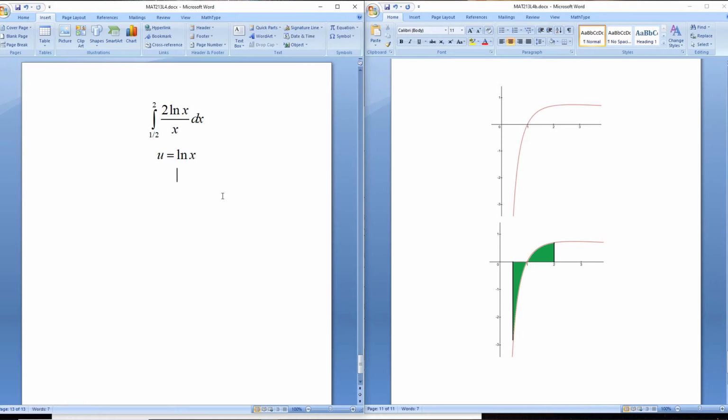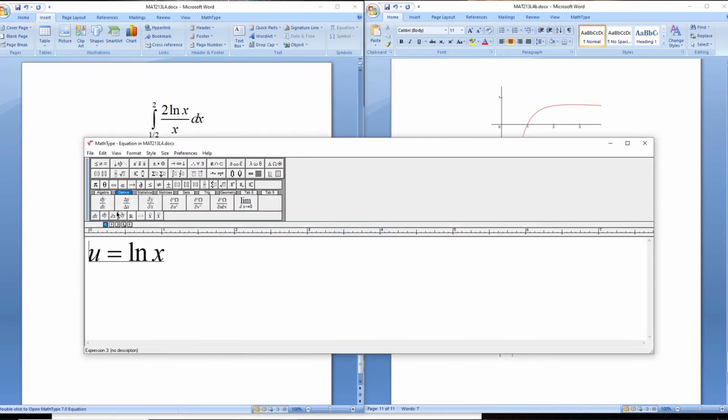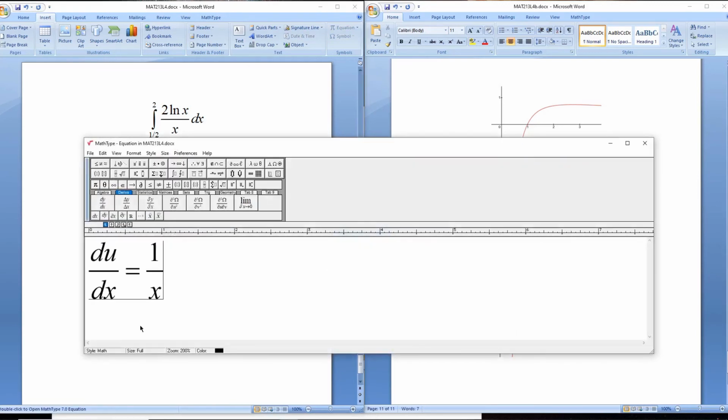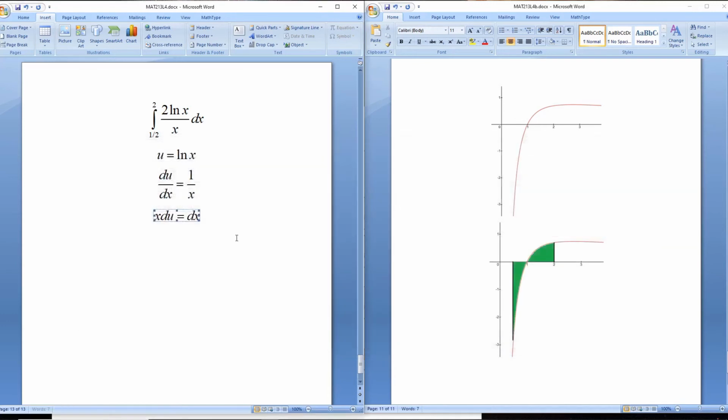And once you have your definition for u, take the derivative. And the derivative of log x is 1 over x. And then once we have the derivative, we'll solve for dx, because we'll need that for the substitution. And then multiplying both sides by x. And now that we have our substitutions, we'll put them into the integral.